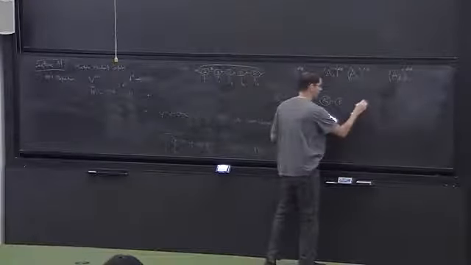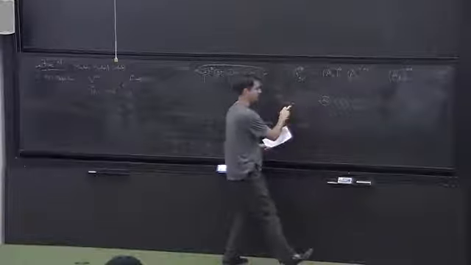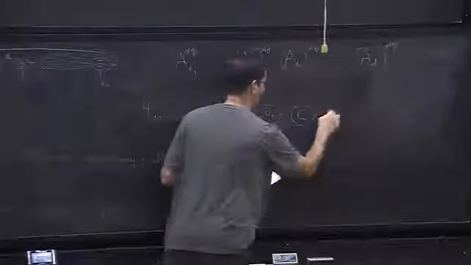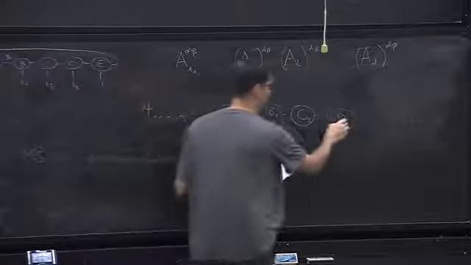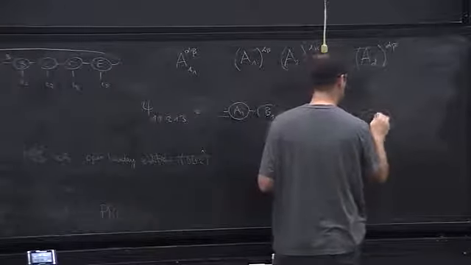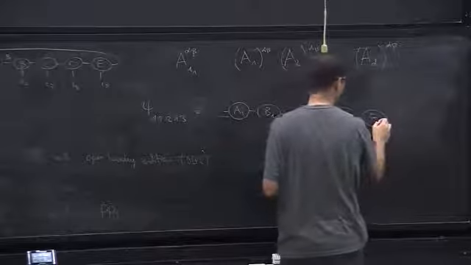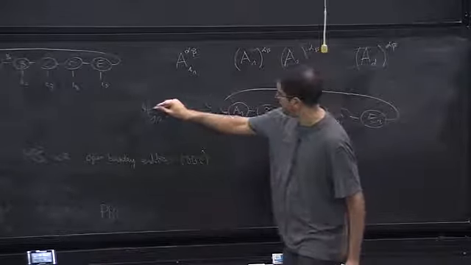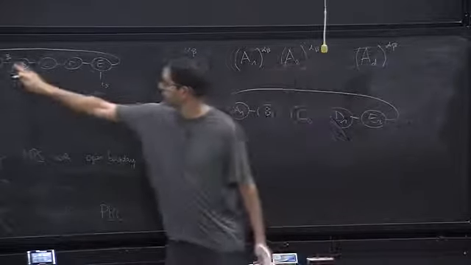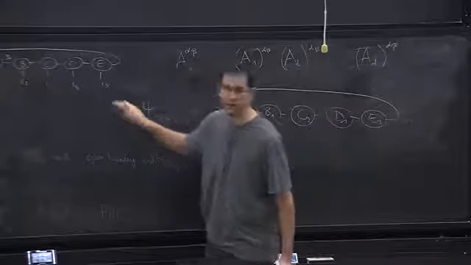So the next one is C2. The next one is D matrix 1, and E matrix E3. Okay? So what I've done is I've just specialized this tensor network to a particular choice of values for these indices.